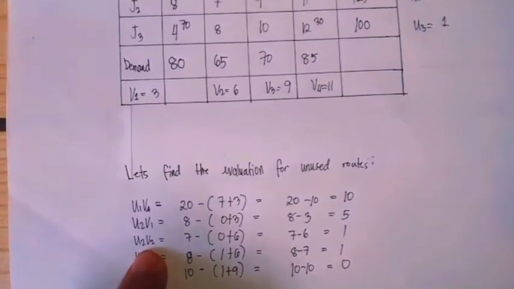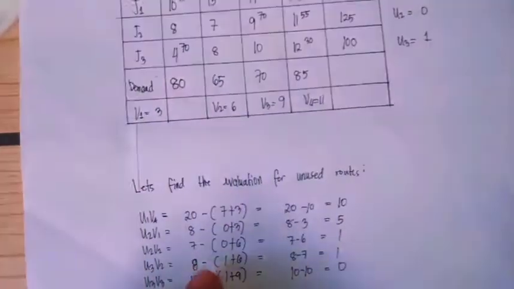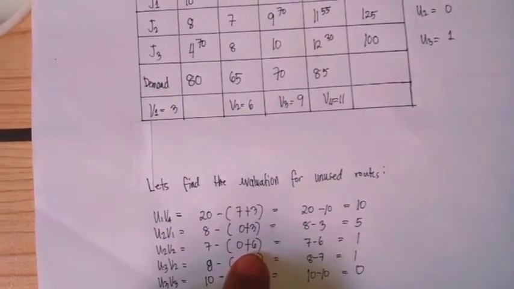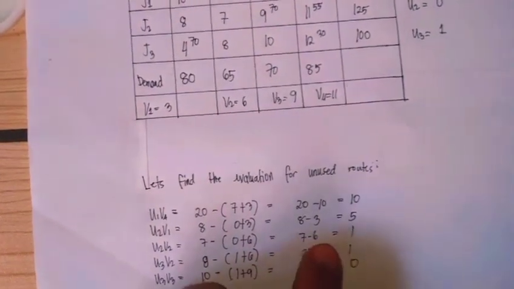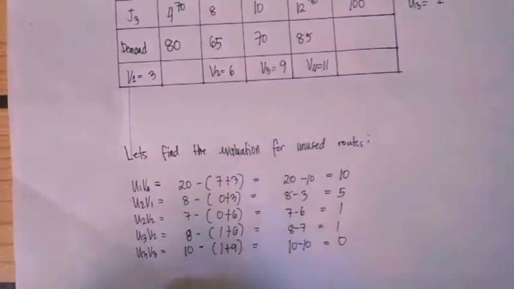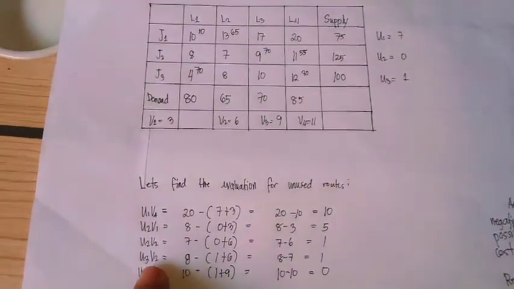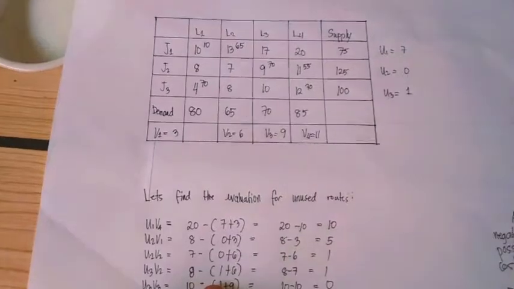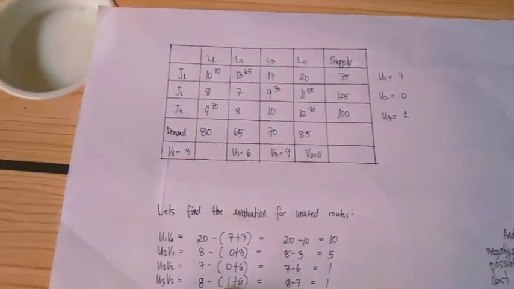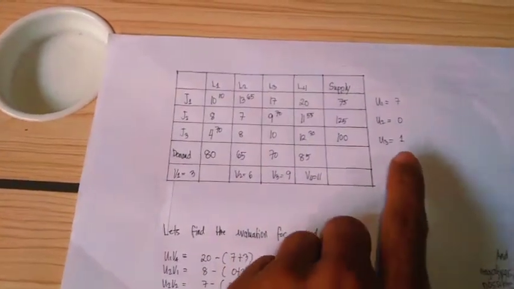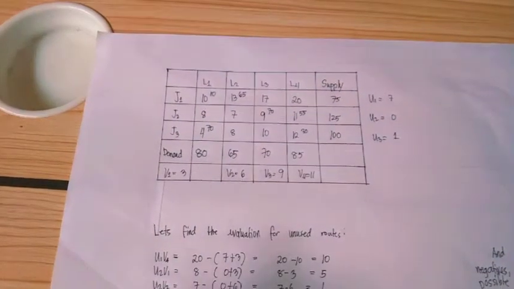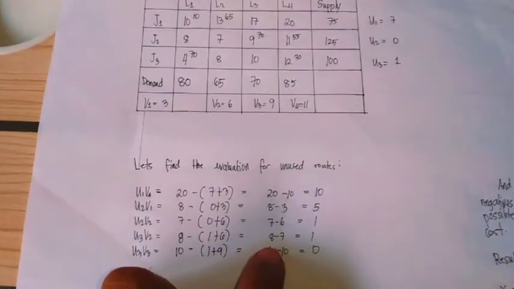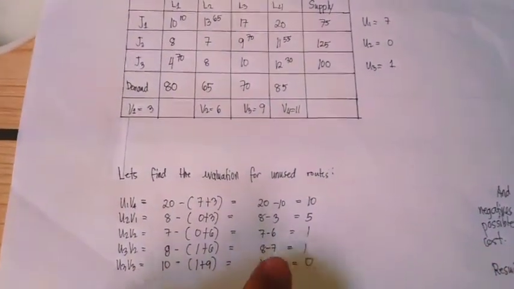For U2 V2, 7 minus U2 plus V2, 6, is equal to 1. Next is U3 V2, which is 8 here, minus U3 1 plus V2 6, so 8 minus 7 is equal to 1.